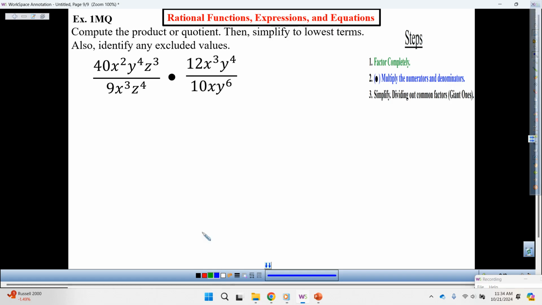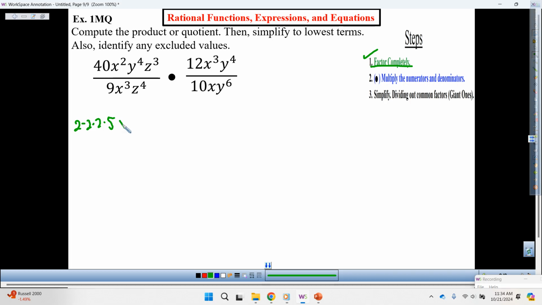Step 1, factor completely. What did you write for the numerator of the first one? He said 2 times 2 times 2 times 5 for 40, because 2 times 2 times 2 is 8, times 5 is 40.